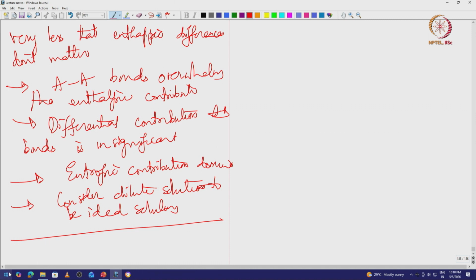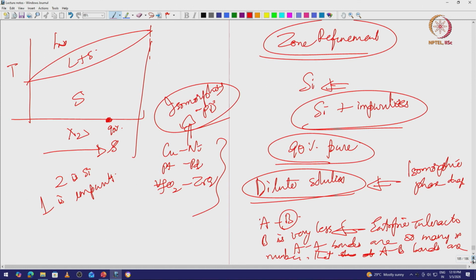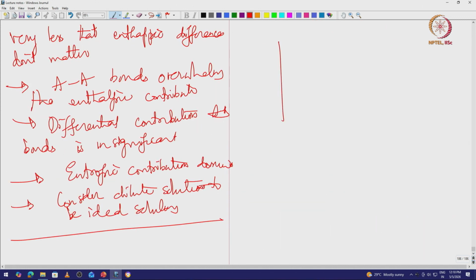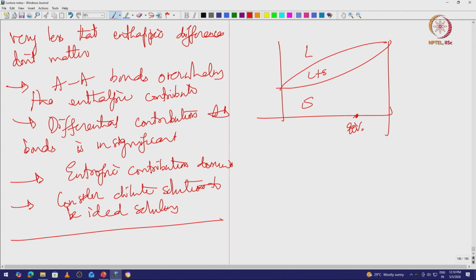All right. Now I am going back to this phase diagram, the isomorphous phase diagram. This is liquid, this is solid. I am starting here at 90% silicon.